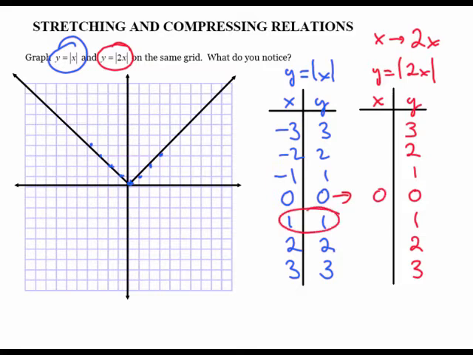I'm going to take 1, 1, and so I know that to get 1 out, what I have to put in, before I was able to put in 1, but now since my input's being multiplied by 2, my original x value is going to be half of what it was before to compensate for the multiplying of 2. So my new point is 1/2, 1.